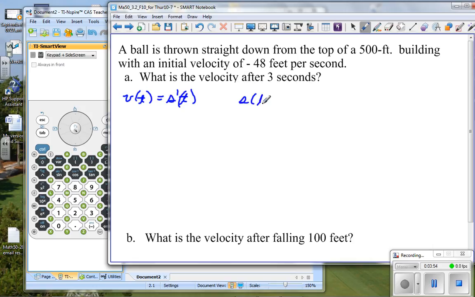So if I look for a position function, I know that it is 1/2 g.